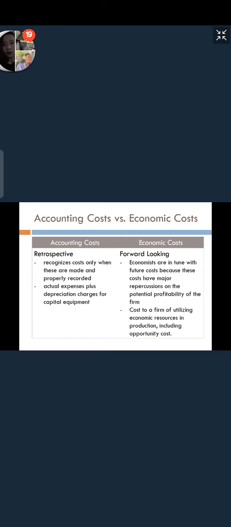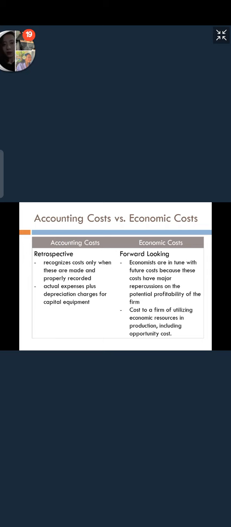So it costs the firm utilizing economic resources in production, including your opportunity cost. So in economic cost, even those that are not recorded, which is the opportunity cost, are included.